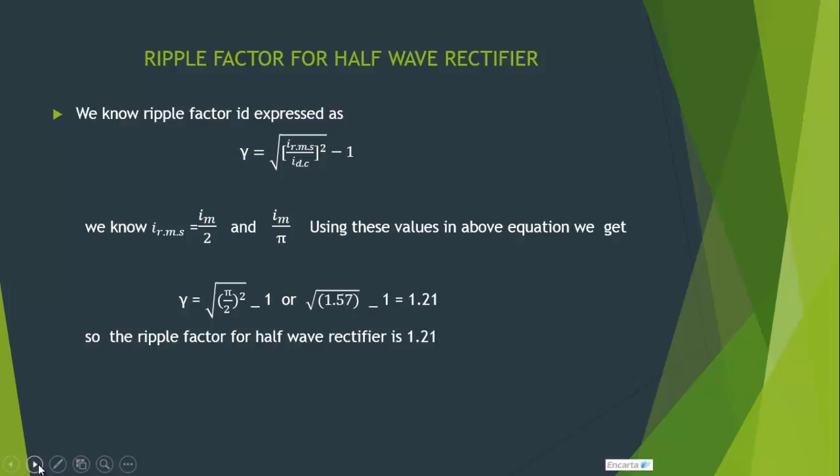As you know that IRMS is equal to Im by 2 and IDC is equal to Im by pi. Using these values in the above equation, the ripple factor of the half wave rectifier comes out to be 1.21.